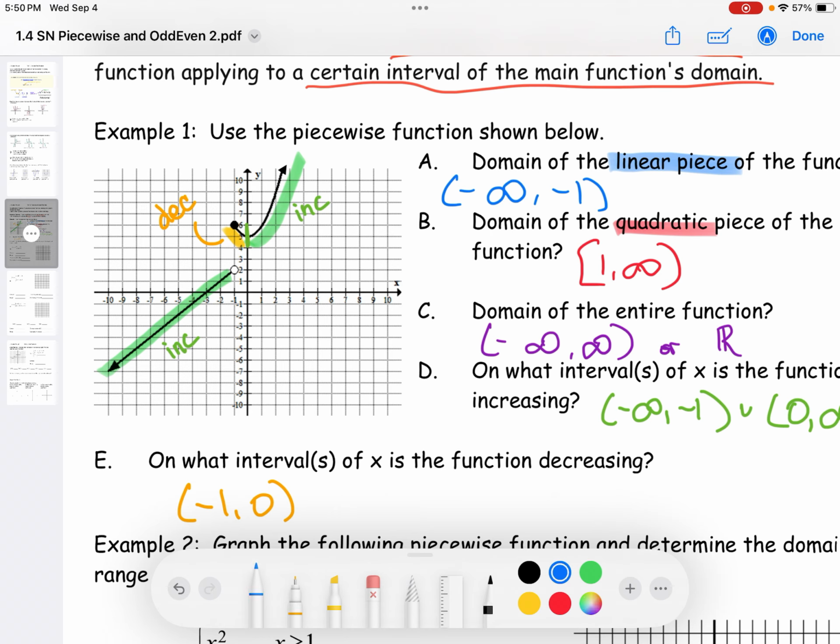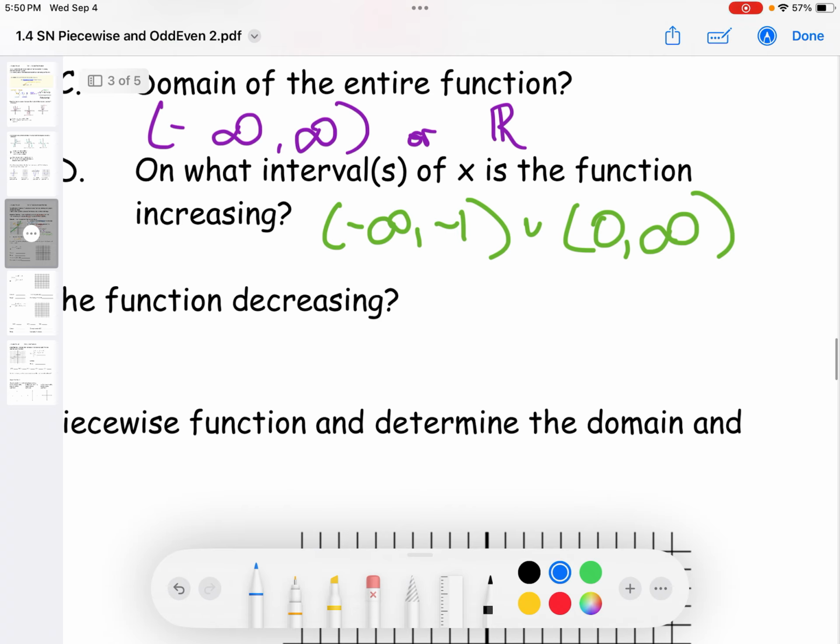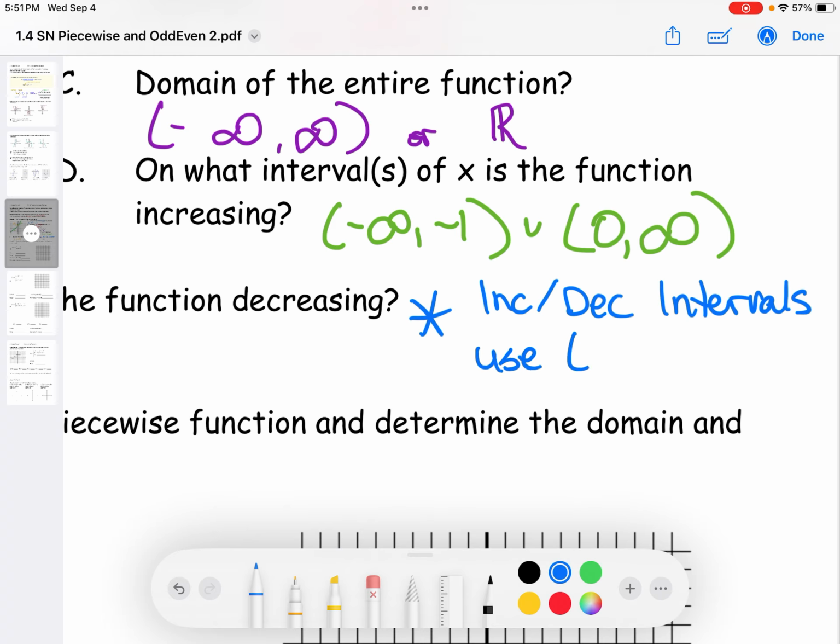At 0, because that's where it changes direction, we don't consider it increasing or decreasing. It's just a value. So on intervals of increase and decrease, use parentheses for open, not the brackets for closed. Use just the open parentheses.